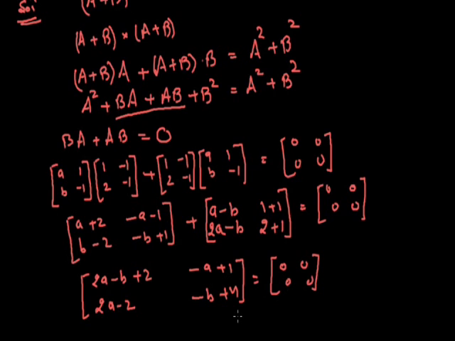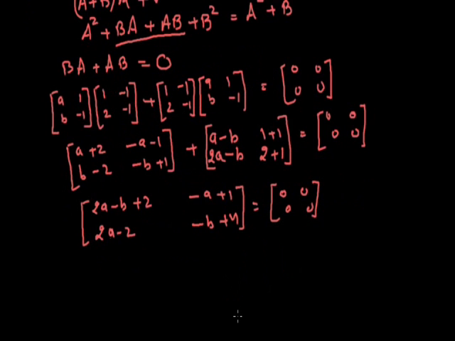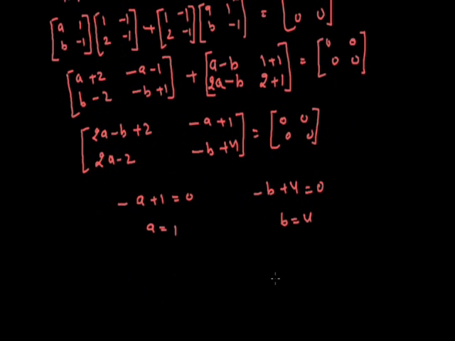So by equating the matrix, minus a plus 1 equals 0, so a equals 1. Minus b plus 4 equals 0, so b equals 4. Now 2a minus b plus 2 equals 0. If we put the values in this equation and they satisfy it, then it is correct.